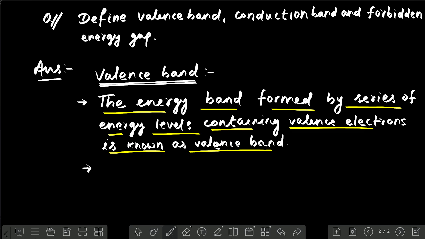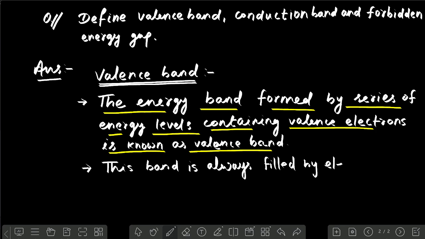This band is always filled by electrons.